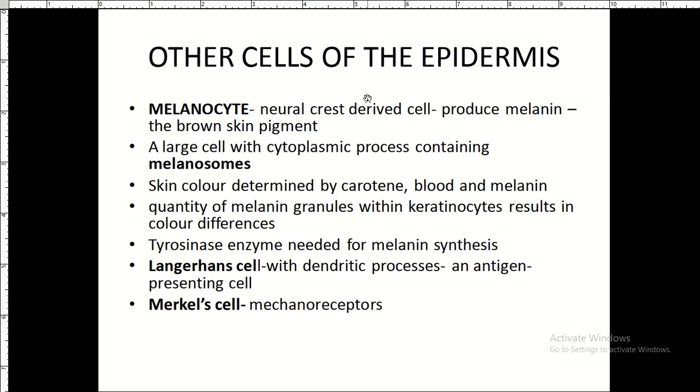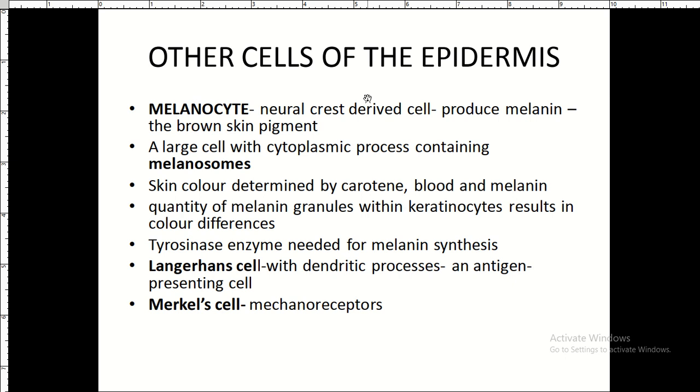they'll send processes, and each process of the melanocytes will accommodate up to 40 keratinocytes. So within this process, you're going to have melanosomes that will be containing melanin, right? So the skin color is determined by carotene, blood, and melanin.